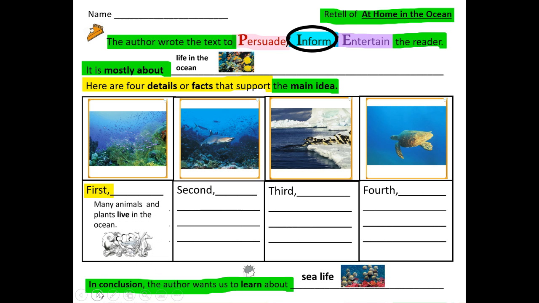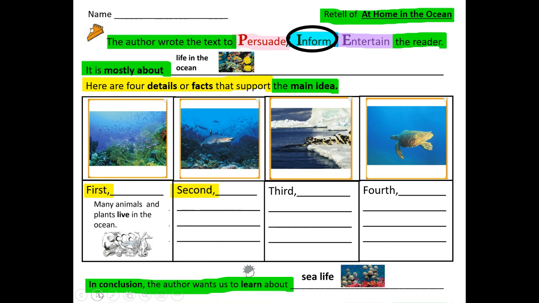Well, many animals and plants live in the ocean. There's our vocabulary or sight word, live. That means inhabit, or to breathe and to eat and to move and to live. Many animals and plants live in the ocean.